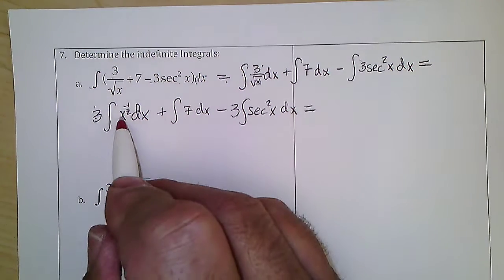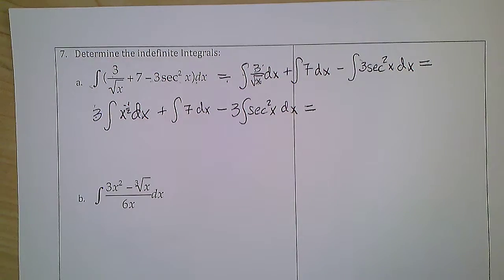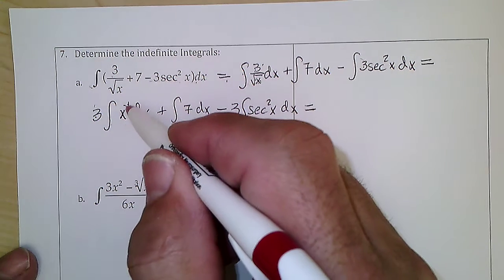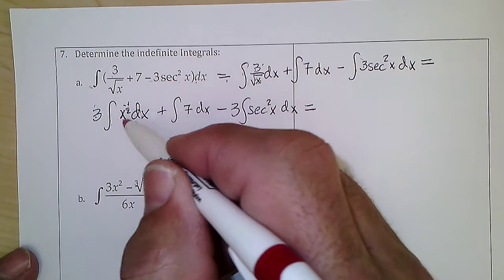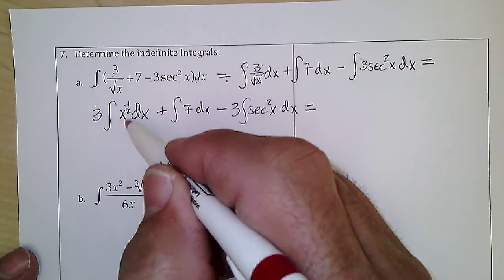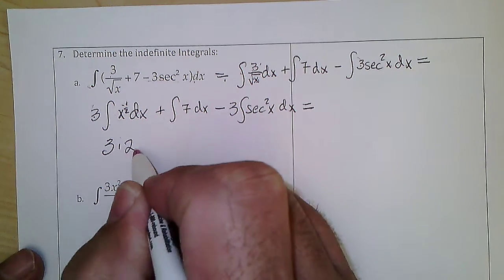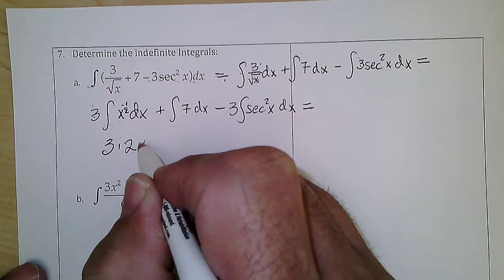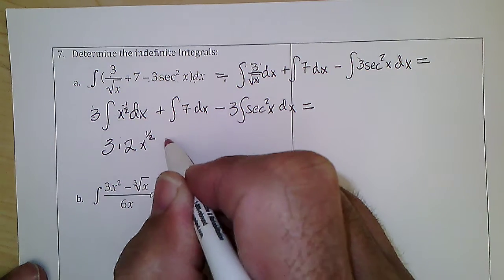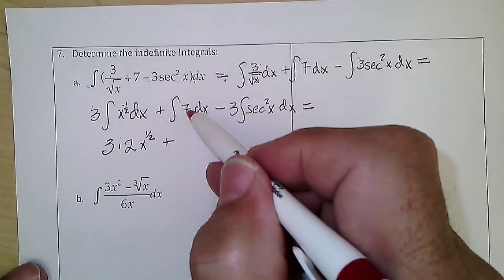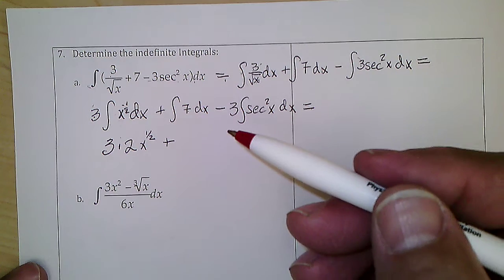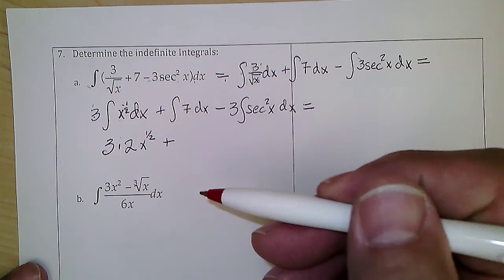To integrate something to a power, there's a power rule that says add 1 to it, which would make this x to the 1/2, and divide by 1/2, which is the same as times 2. So we're going to have 3 times 2 x to the 1/2. A constant integrated is not 0. Differentiated, it's 0.